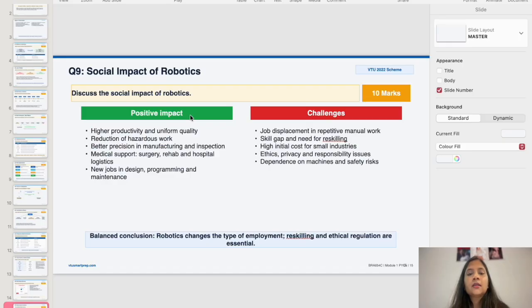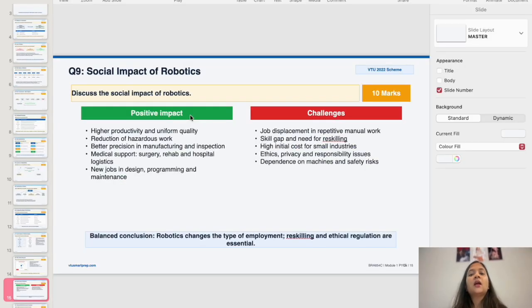Next, we have social impacts of robotics. Robotics has many positive impacts: it can increase productivity and improve product quality. It reduces hazardous work for humans. It improves precision in manufacturing, inspection, surgeries, and logistics.